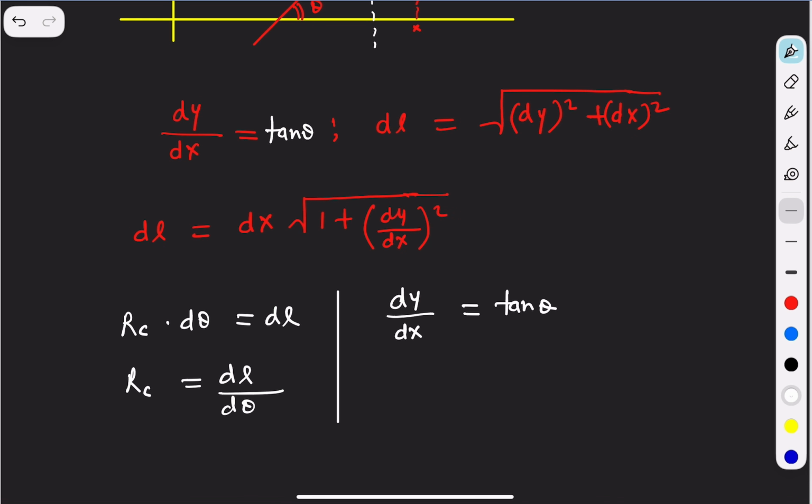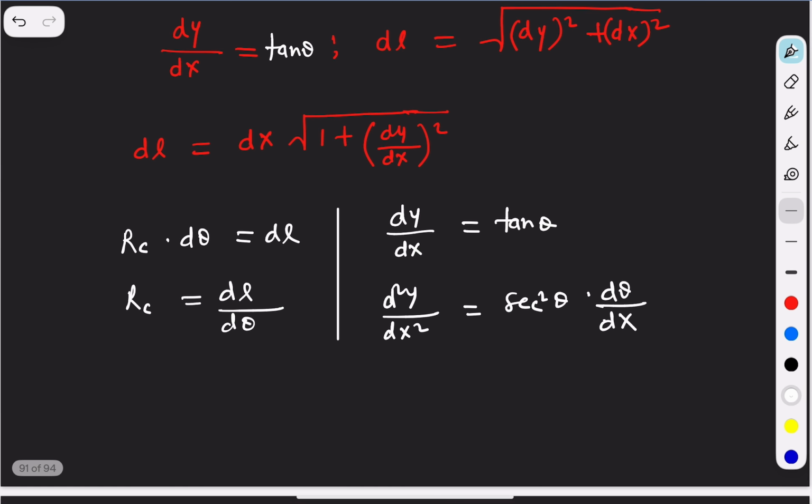So here d square y by dx square will be sec square theta into d theta by dx. I hope this is okay. Now rc into d theta is equal to dl. So rc into d theta I can replace with dx into the root of 1 plus dy by dx the whole square. Let me put these values.